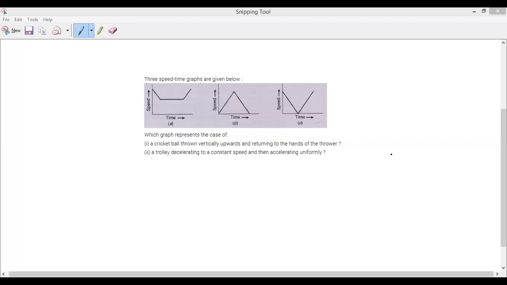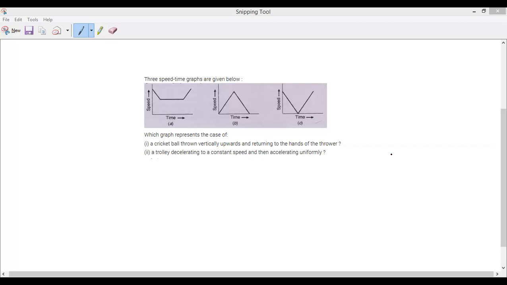If you observe carefully, we have to answer the question: which graph represents the correct case. Observe this question carefully and tell me. Three speed-time graphs are given below.